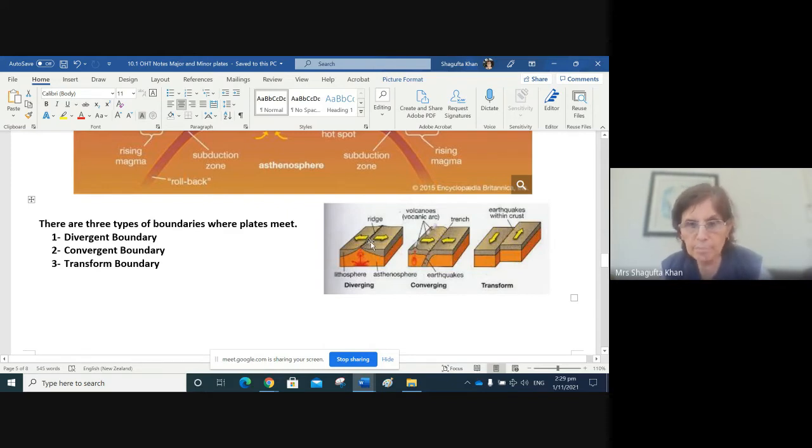And remember, these plates are not like 1 kilometer, they are like 5 to 15 kilometers thick. They're very thick layers, these crusts. So because of these convectional currents, plates are pushed apart. When they're pushed apart, the crust becomes thinner and thinner in the middle, and then magma comes out.